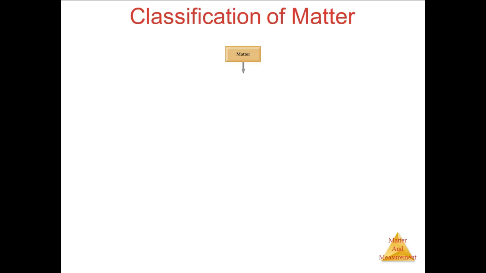This is a classification tree for deciding what kind of matter you have. Is the matter uniform throughout? Non-uniform matter is called heterogeneous and is almost always a mixture. Uniform matter is homogeneous and may be a mixture or a substance.